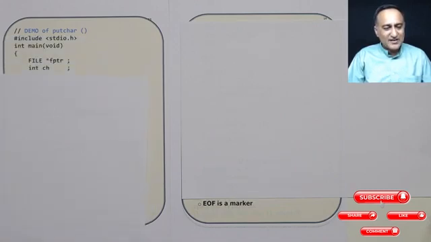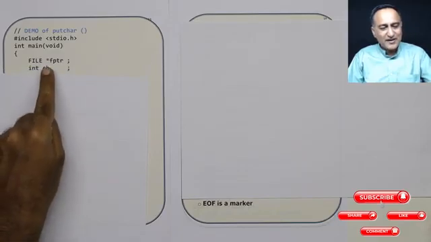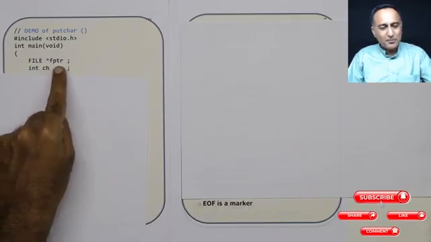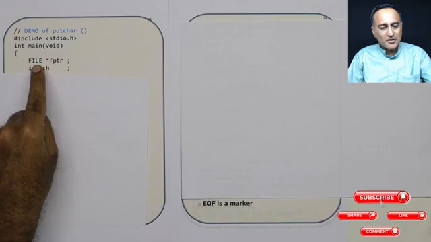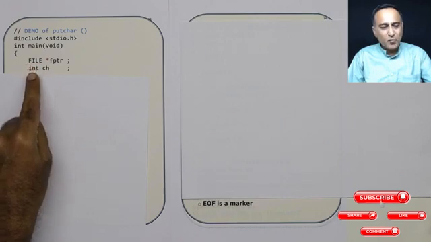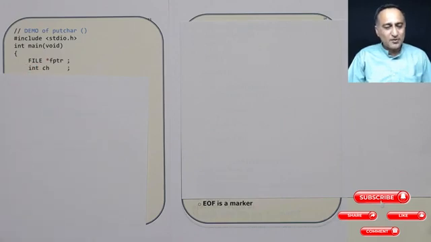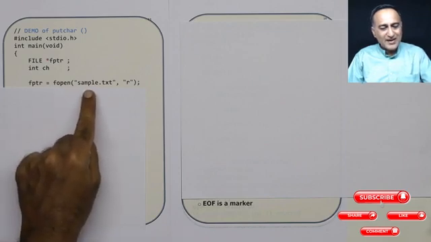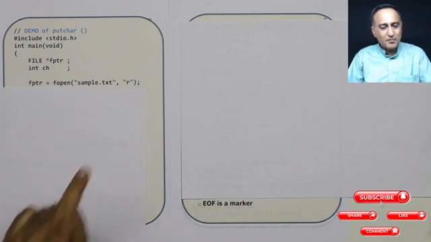First, I have defined a file pointer fptr, which is a pointer to a FILE type of structure. We'll know why we have used int ch in a while, but for now just look at FILE star fptr. So using FILE star fptr, I am opening a file called sample.txt in read mode.